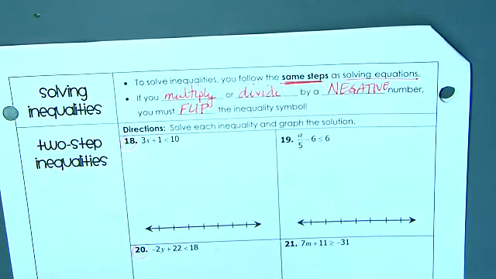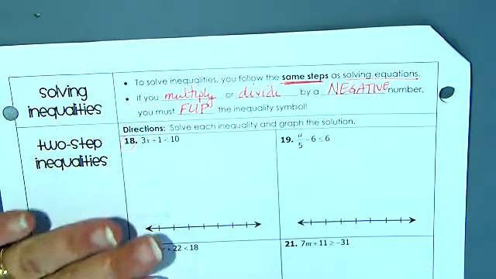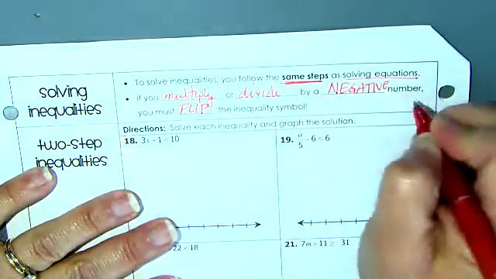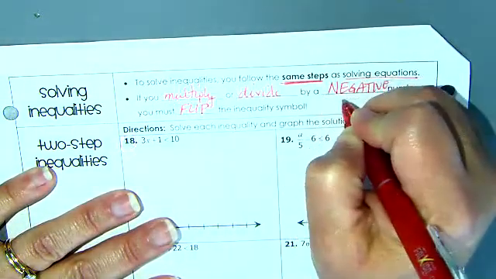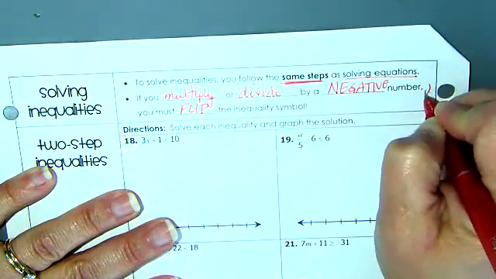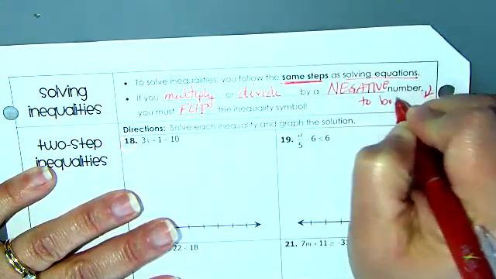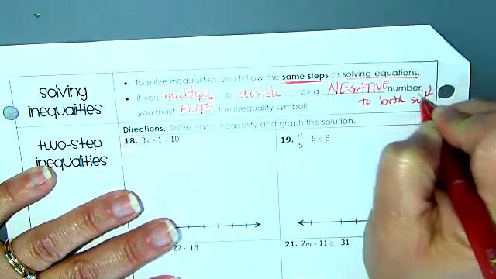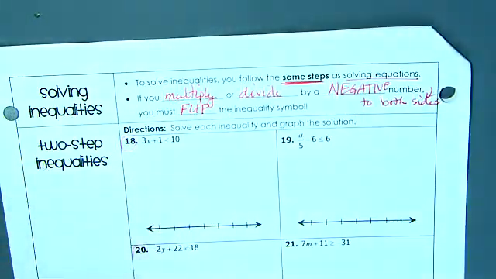That's the one rule you got to remember. That's the only thing that's different. If you multiply or divide by a negative, you must flip the inequality symbol. A negative to both sides. Like when you're solving, you have to multiply by a negative to both sides.